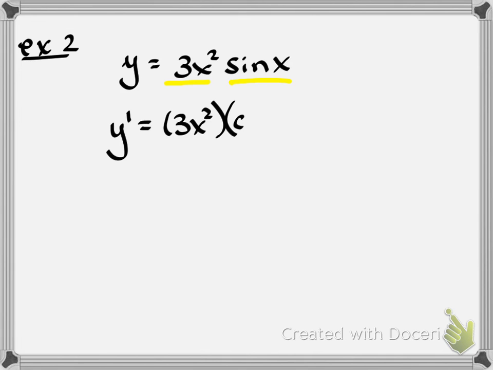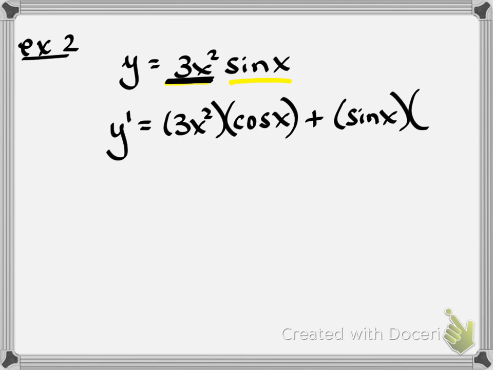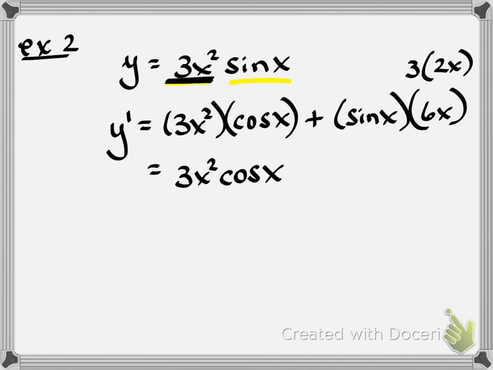Derivative of sine is cosine. Plus the second times the derivative of the first. When you do the derivative of that, it's 6x. Or it's 3 times 2x. And there's not a whole lot of simplifying we can do. We could just sort of drop the parentheses. And there's our answer.